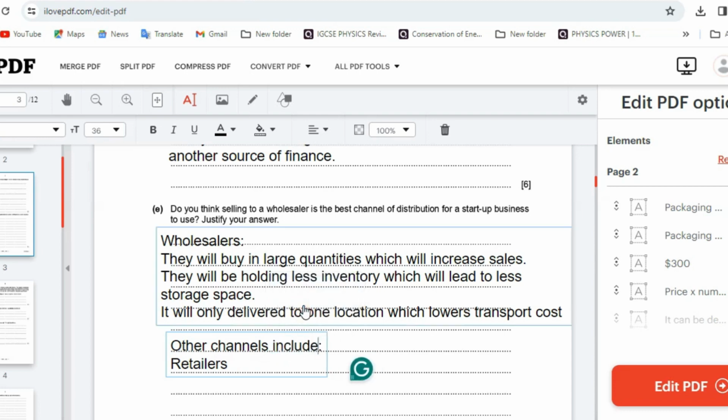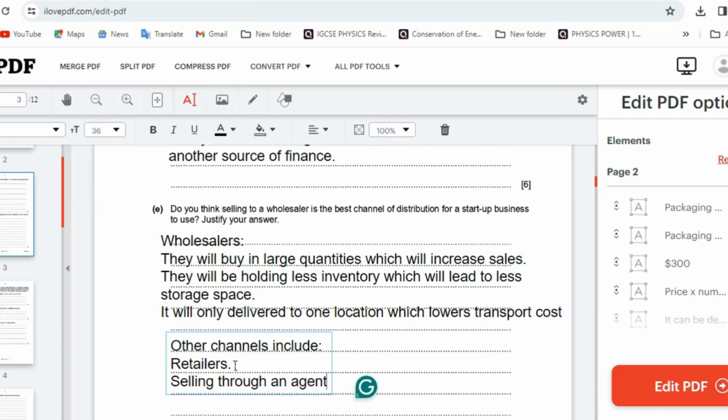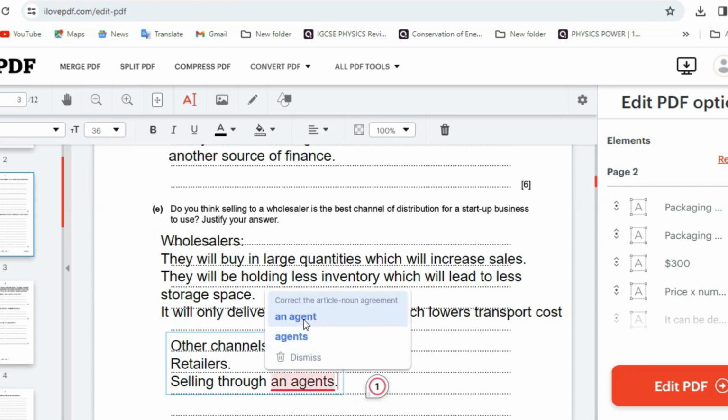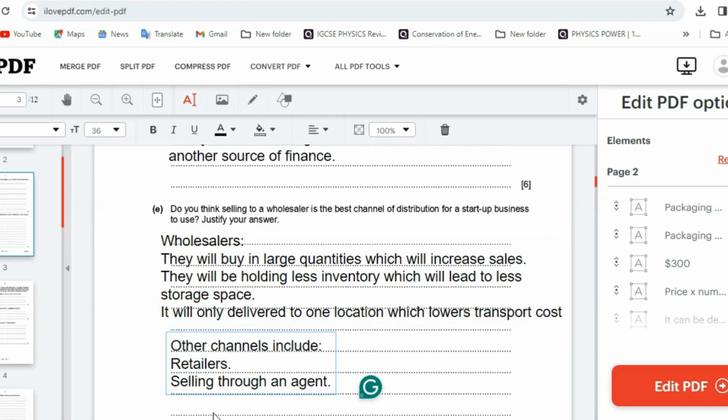That is, the retailer is selling to the final consumer. We have selling through agents. Selling through an agent will make him have local knowledge or higher sales. And also selling direct to the customer.